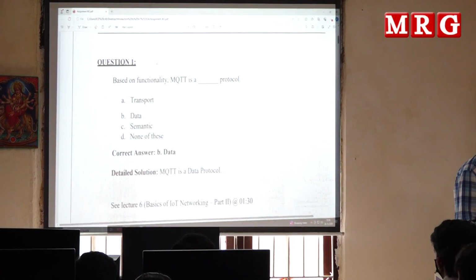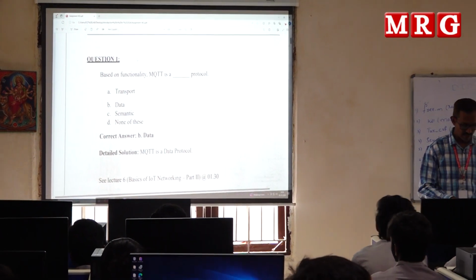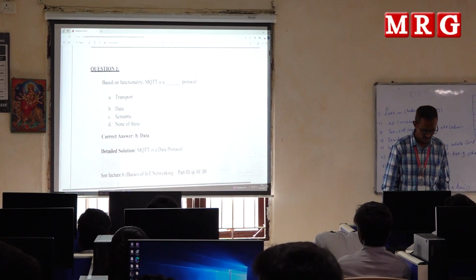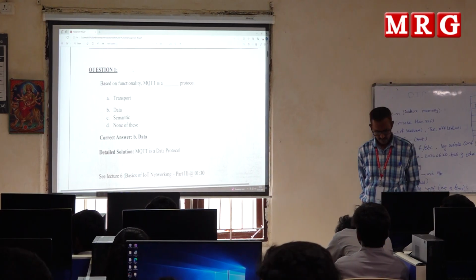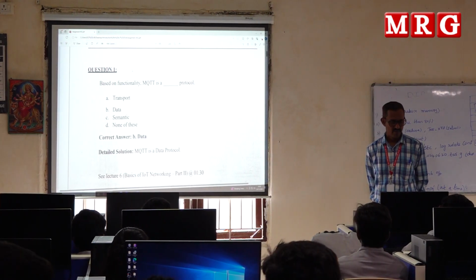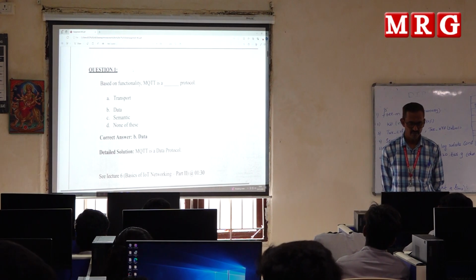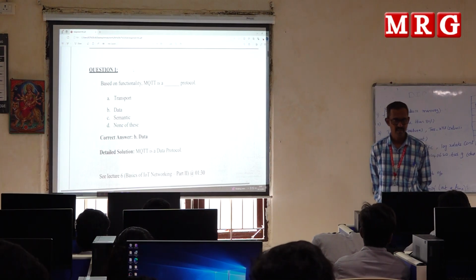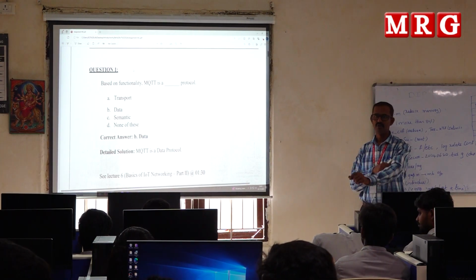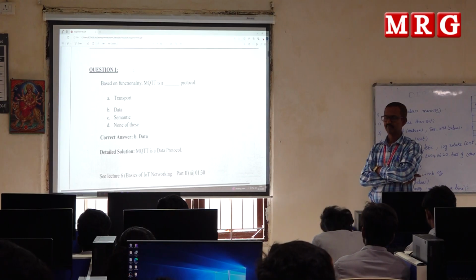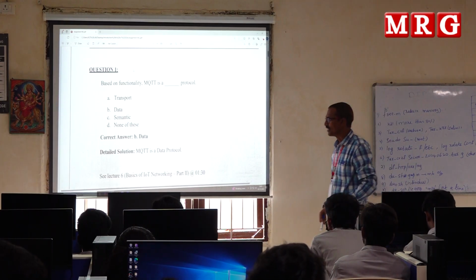It is also a lightweight protocol for sending data from machine to machine, from device to device.